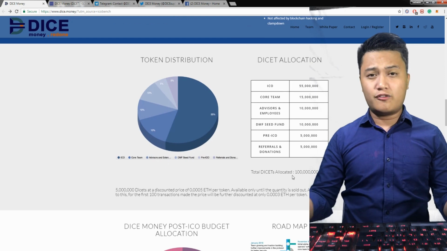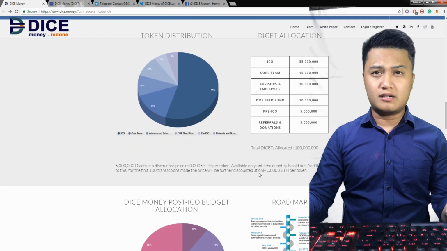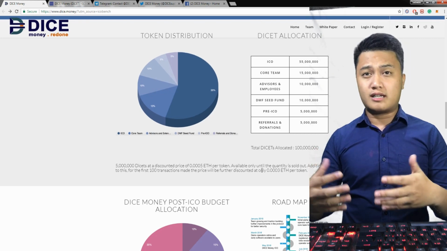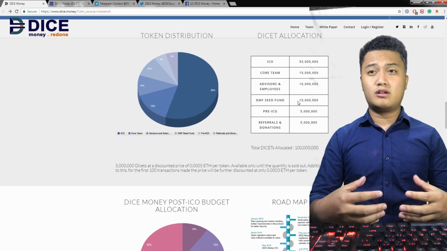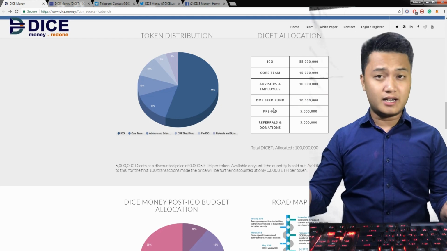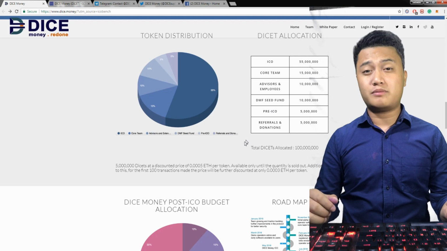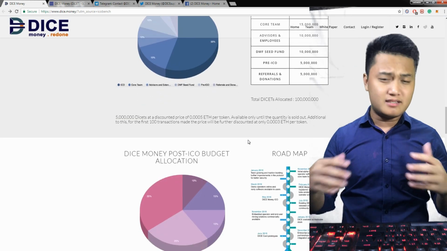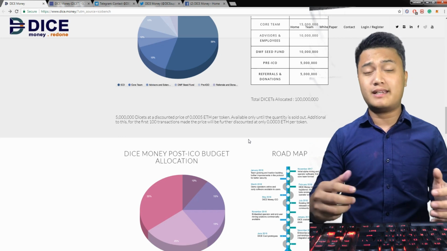So that is a total of 100 million tokens all in all. All unsold tokens will automatically go to the Dice Money Foundation seed fund, and they will not be part of the initial circulating supply.